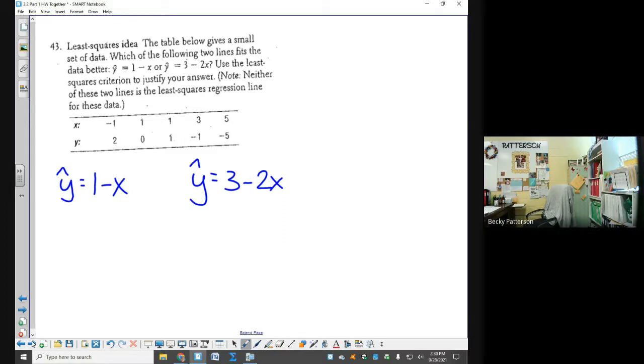Okay, so think about why something is called the least squares regression line. What does it want to make least? Squares of what? Squares of the residual. So I have the equation and the actual pieces of data; can you find the predicted pieces of data?